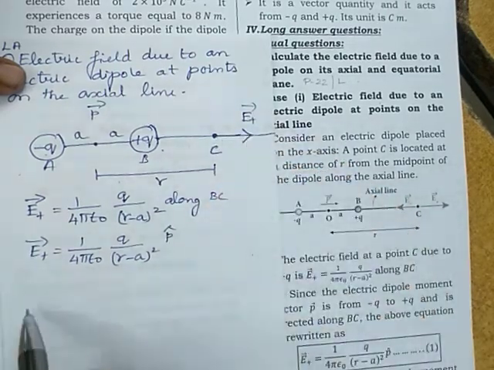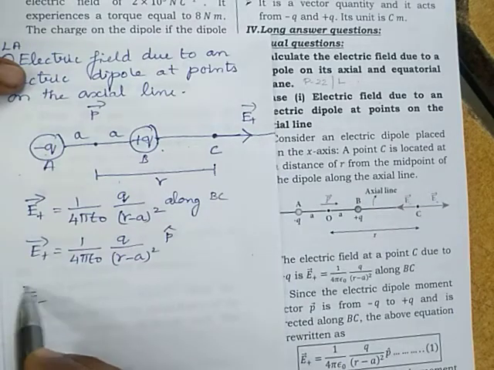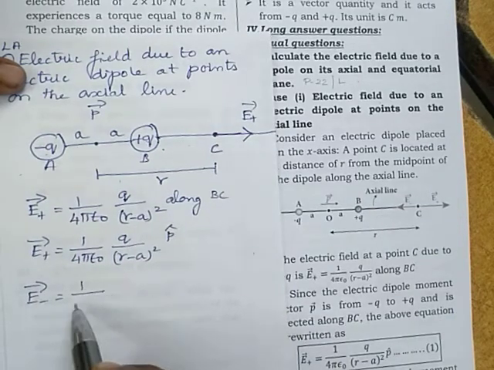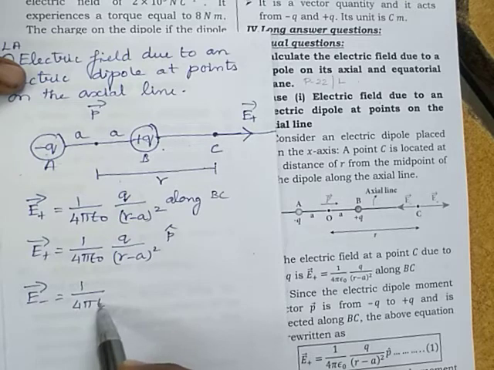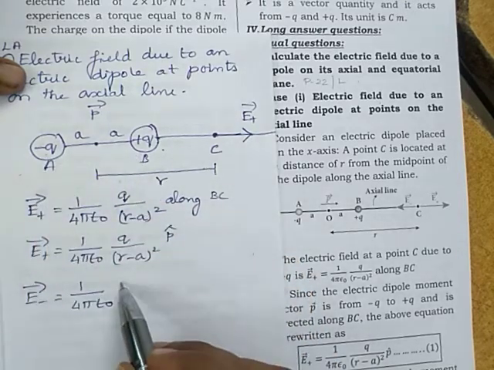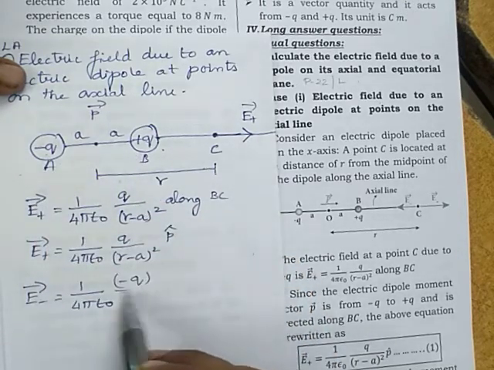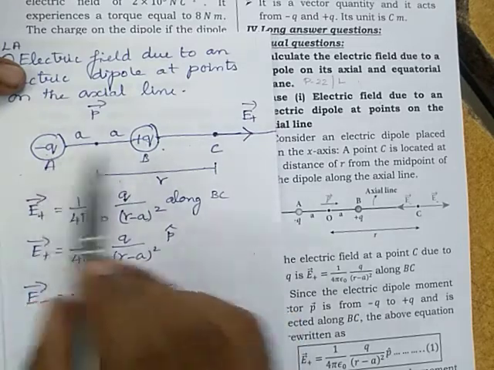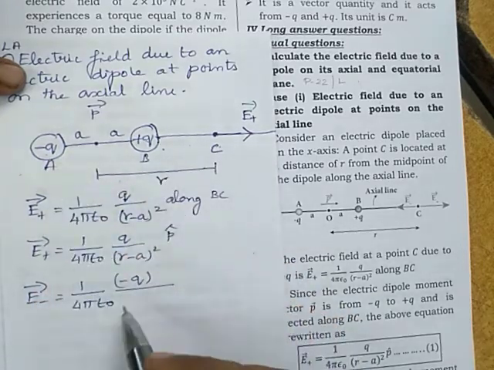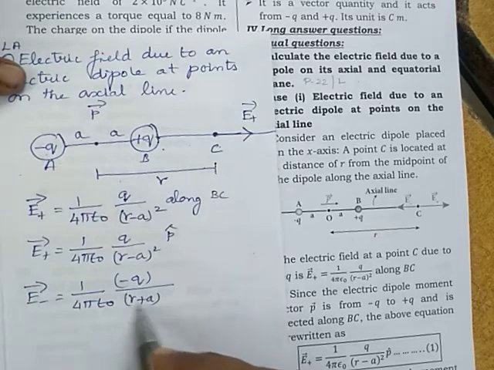Then E minus, the electric field due to the negative charge, is equal to 1 by 4 pi epsilon naught, where the value of the charge is minus q, divided by the distance between the charge and the point C, which is r plus a, whole square.